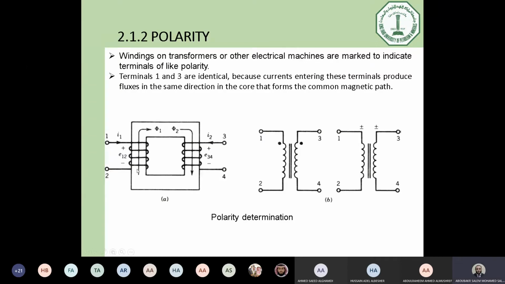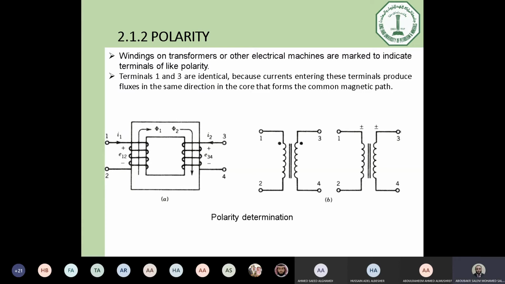So here, the flux direction related to coil number 1 is going to move in this direction based on the Maxwell right-hand rule. And similarly, if we apply the same rule for the other coil, you will find the flux is moving in the same direction.